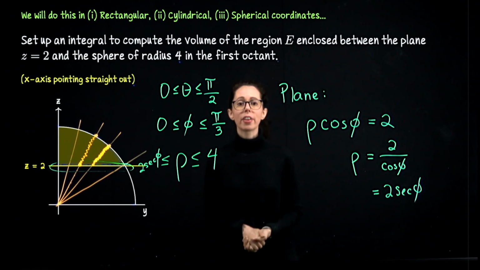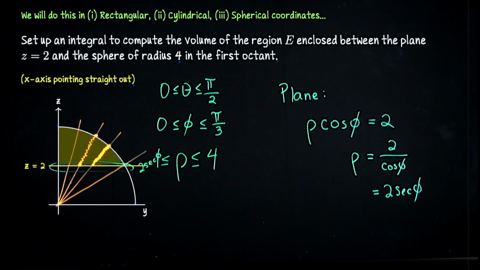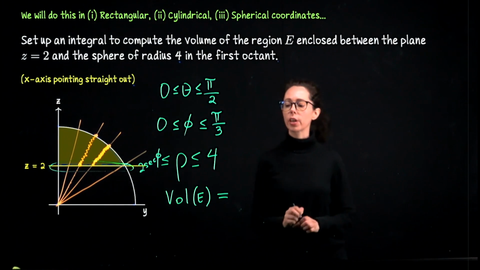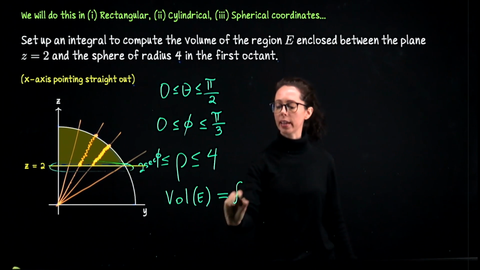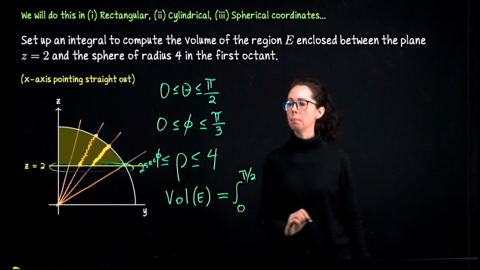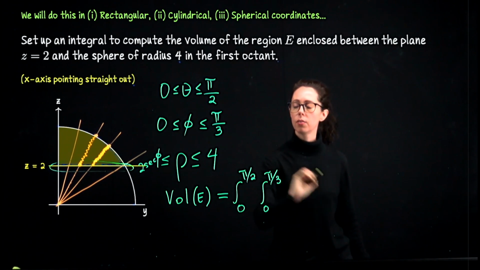We just need to put this together into a triple integral in spherical coordinates, and then we'll be done. We have 3 inequalities here. 2 are constant. Either could go on the outside. I like to put theta on the outside, so I will do from 0 to pi over 2 for theta, and then from 0 to pi over 3 for phi.